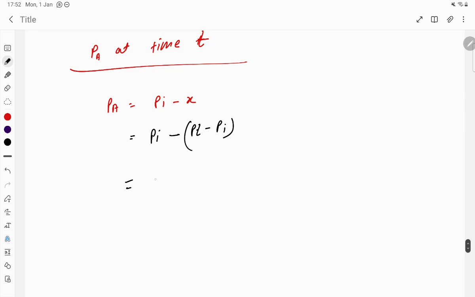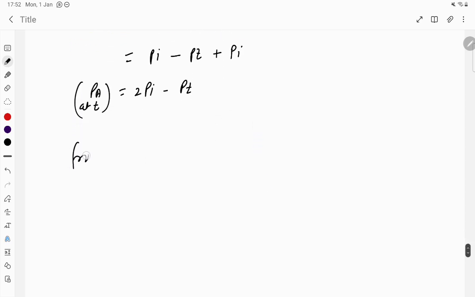So you solve it out, student. Pi minus into plus, this is minus Pt, minus into minus is going to be plus Pi. So this is 2Pi minus Pt. This is Pa at t, right?